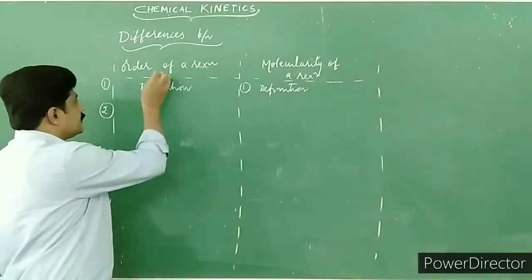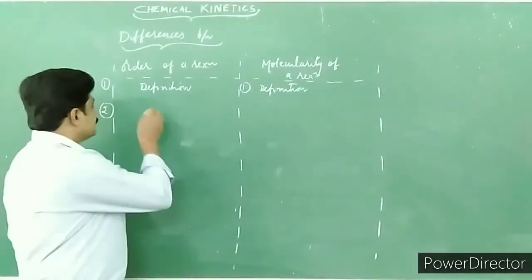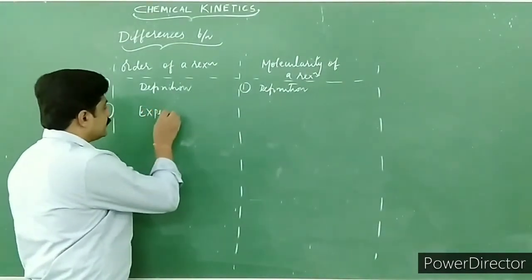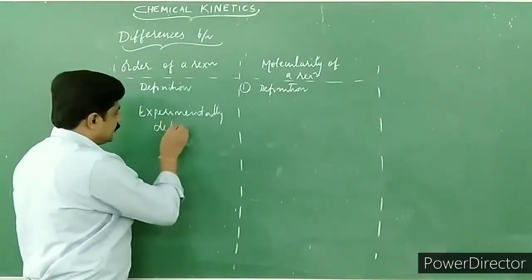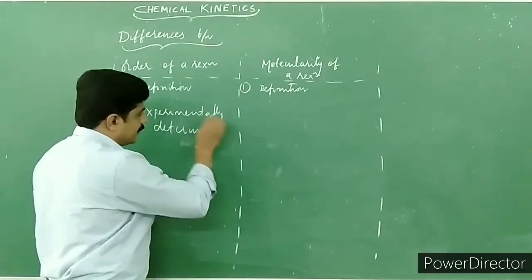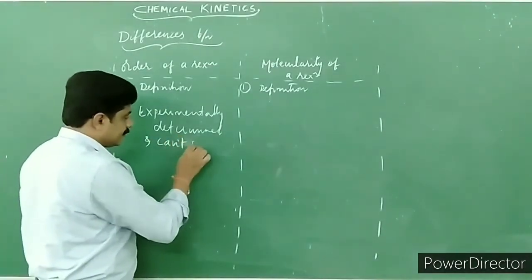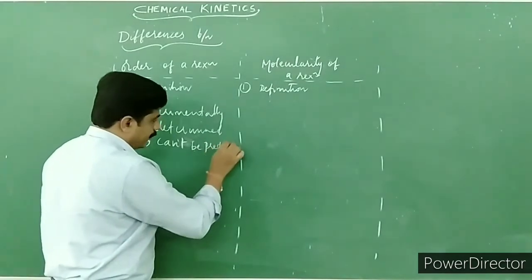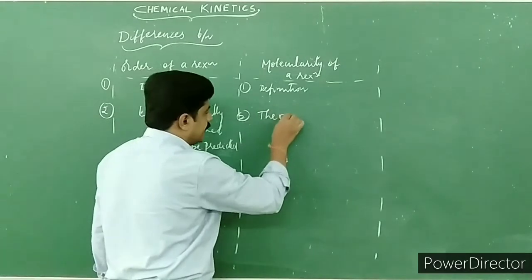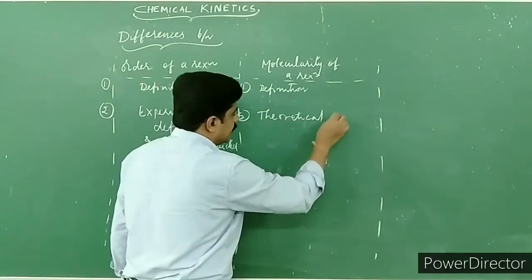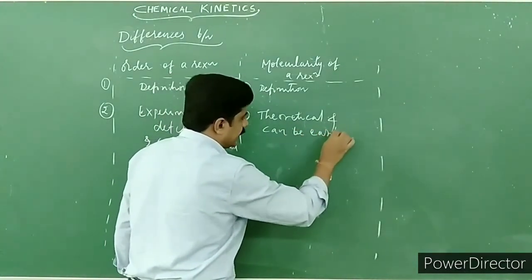Second one, children, order of reaction is experimentally determined and cannot be predicted, whereas on the other side, molecularity is just theoretical and can be easily predicted.